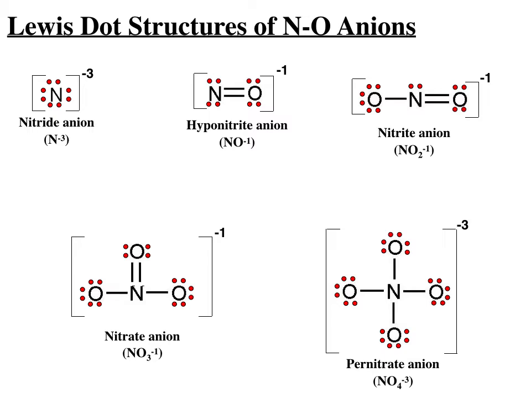Now let's turn to the nitrite anion, which is NO2 minus 1. I need an extra electron to be put into the mix. I will put it onto the central atom, N. Now the N will have 6 electrons to work with. The N in the middle needs 2 more electrons.